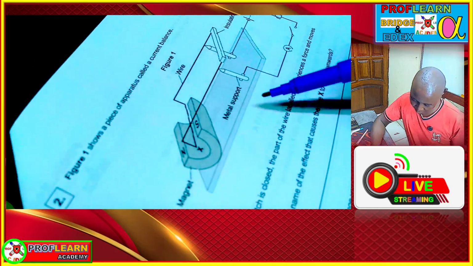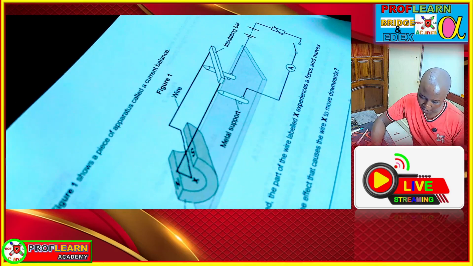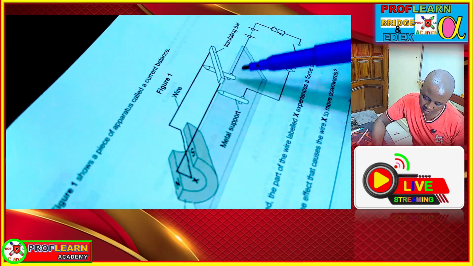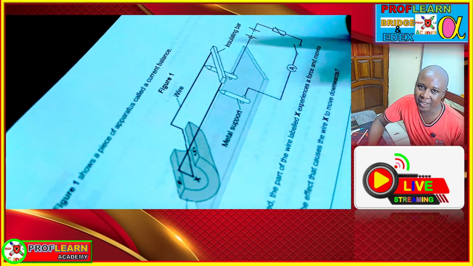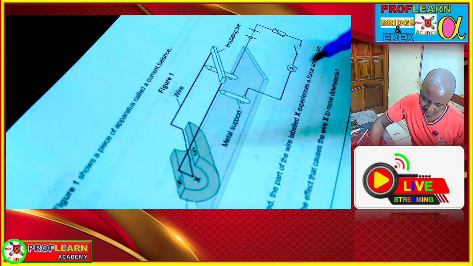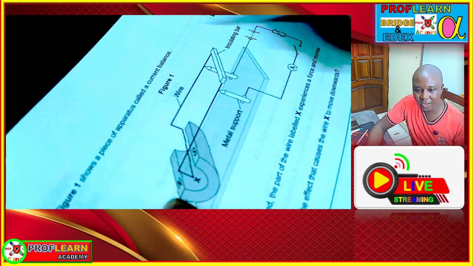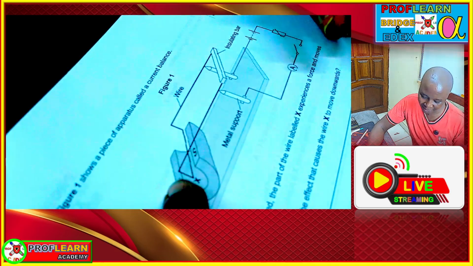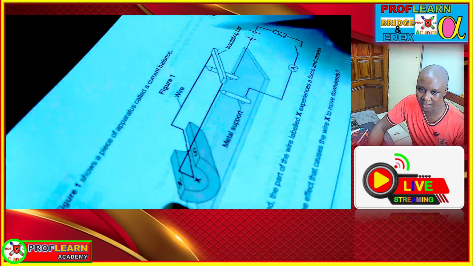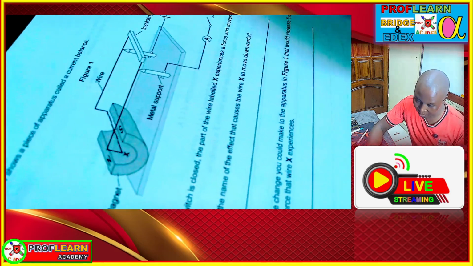We have a magnet, and the magnet is going to provide the magnetic field. When there is a current passing through the conductor, we're going to have a magnetic field created around the conductor. That magnetic field, due to the flow of current, is going to interact with the magnetic field of the permanent magnet, and then we're going to have a force, and that is the motor effect.